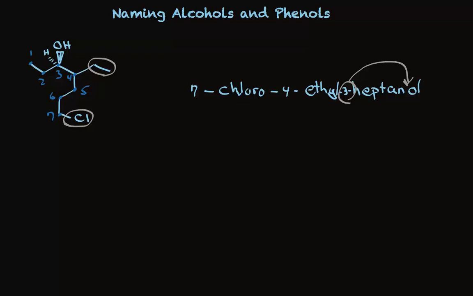And now we use our Cahn-Ingold-Prelog priority to determine that the hydroxyl group is number 1, this carbon is 2, this carbon is 3, the lowest priority group is back, we find ourselves going clockwise. This is the R stereochemistry, which is put in parentheses in front of everything else. And now you have it.